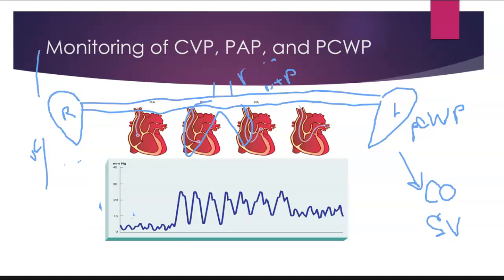So I'm going to erase this and this. Okay. So if I think about the afterload of the right side of my heart, my afterload would be my pulmonary vascular resistance, so how narrow these blood vessels are that blood has to pump through.